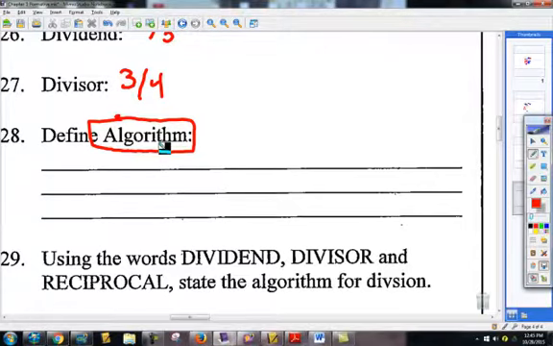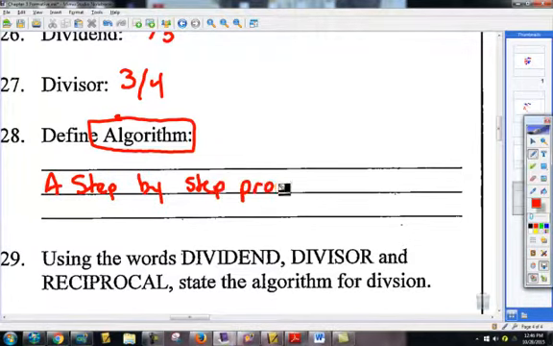I'm talking about the general term algorithm, and you may want to write this down for the summative. It is a step-by-step process to find an answer. I'll just accept that.